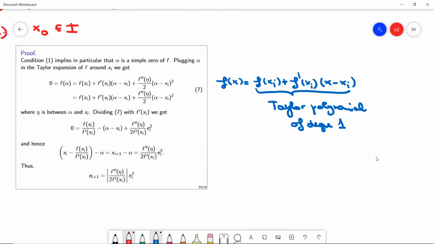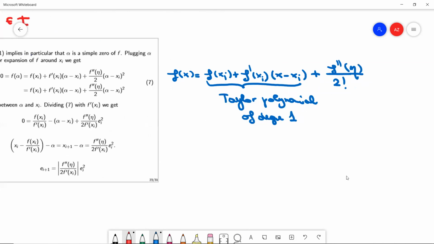And then we know also from the Taylor series that the error here is f second derivative over 2 factorial in some point eta, and this eta is between x and xi. I will not write an interval from x to xi because we don't know if x is smaller or bigger than xi.